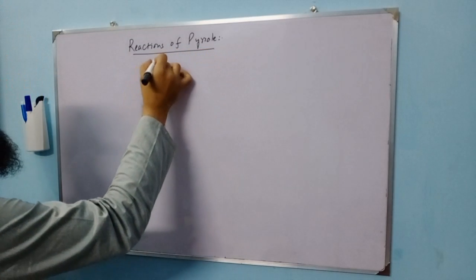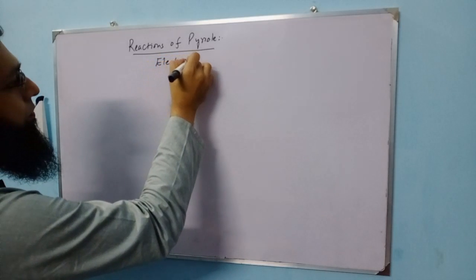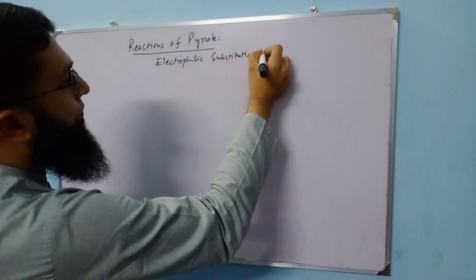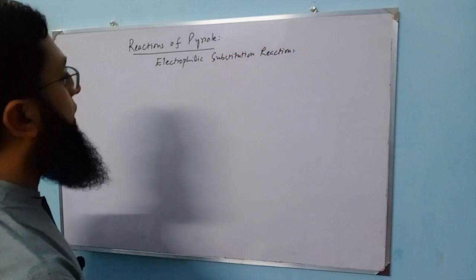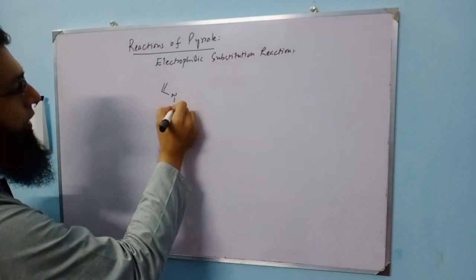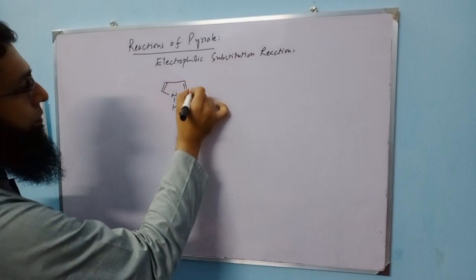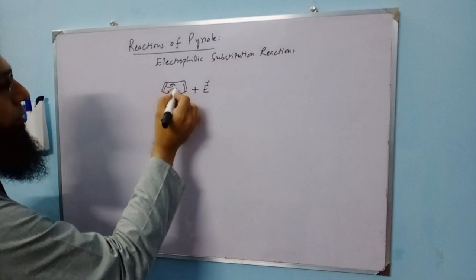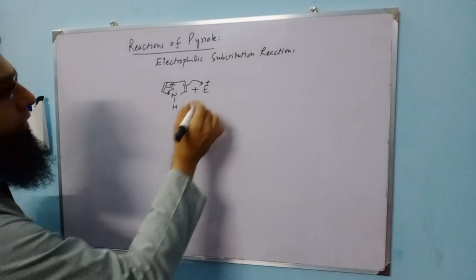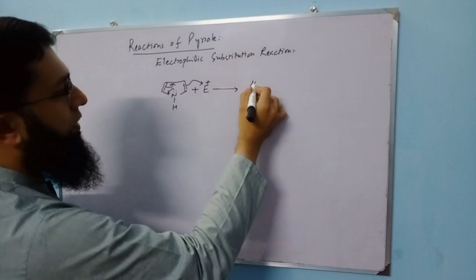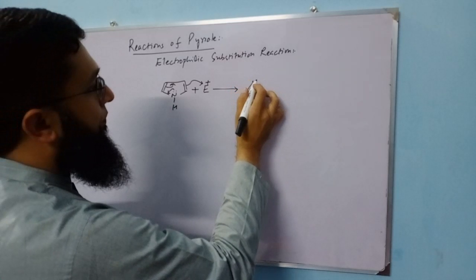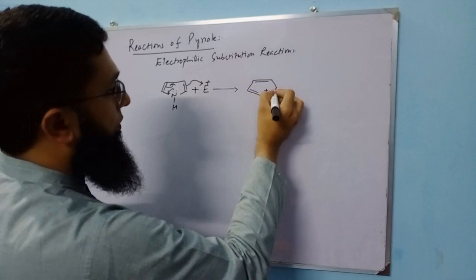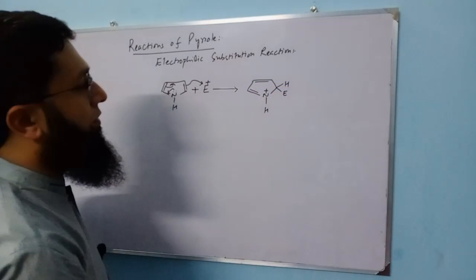For example, it undergoes electrophilic substitution reaction, and the general mechanism is: the lone pair shifts here and this pi bond shifts here and this bond attacks on the electrophile, and as a result we get this type of form.